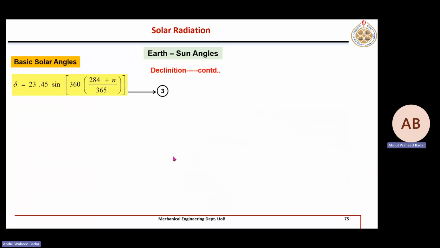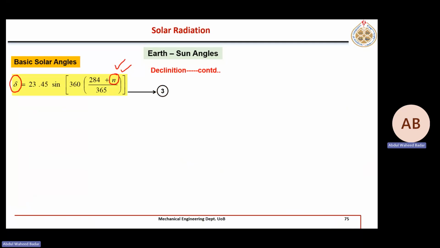So here is one equation to calculate this declination angle on any day of the year, because as the earth is rotating around the sun, this tilt is changing. And how is it changing? It is changing with respect to the nth day of the year.